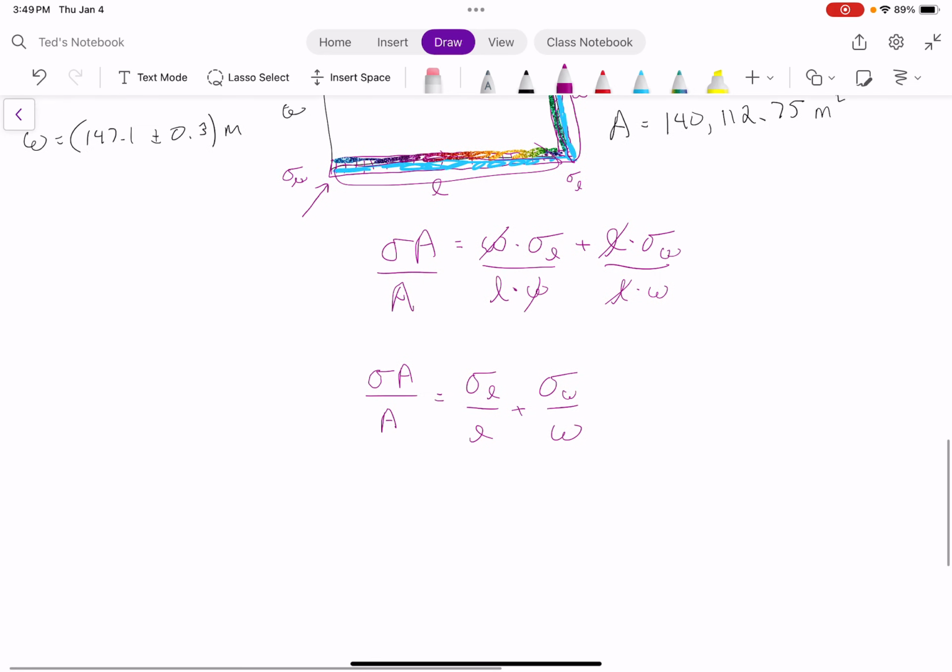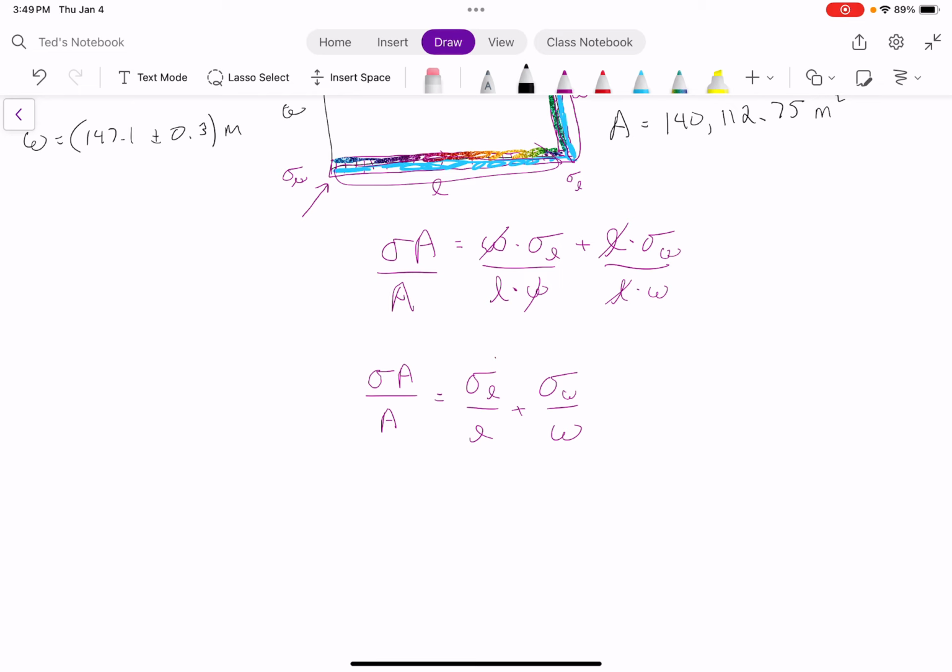So when we multiply two numbers, the uncertainty in the answer divided by the answer is equal to the uncertainty in the first part divided by the first part plus the uncertainty in the second part divided by the second part.